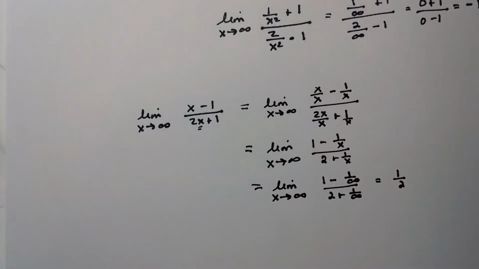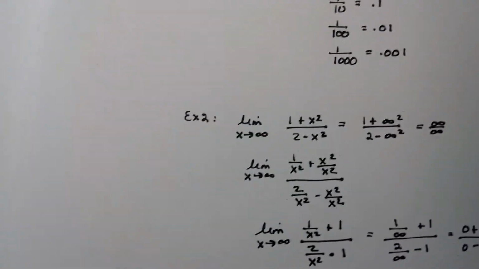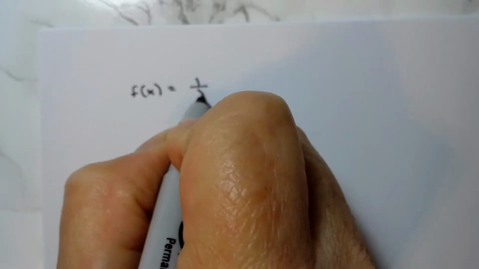Okay, the next thing we need to talk about real quick is asymptotes. I'm going to take you down memory lane from Algebra 2, where you learned some nifty little tricks about vertical and horizontal asymptotes. Let's use a simple function, f of x equals 1 over x.